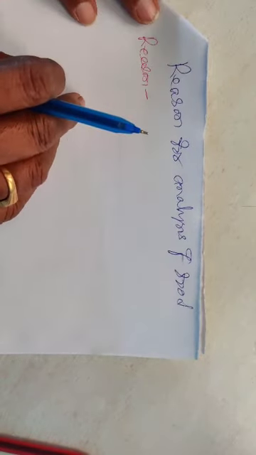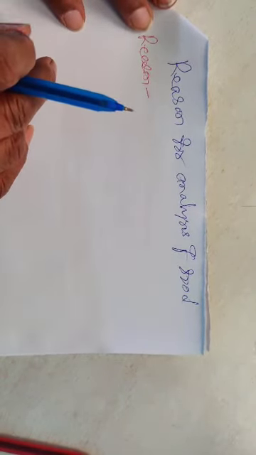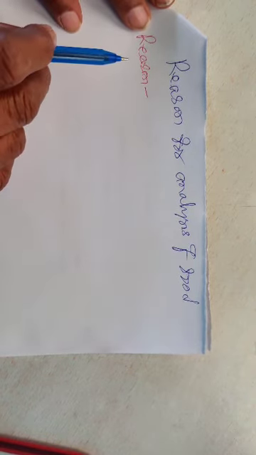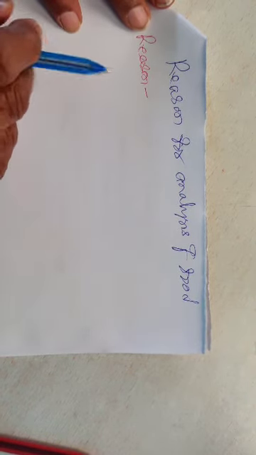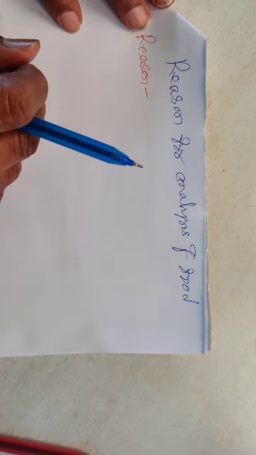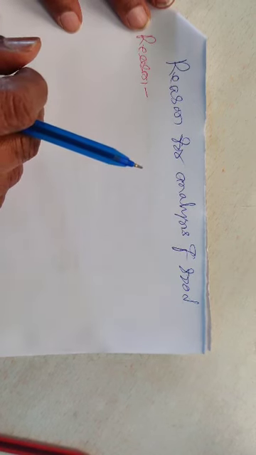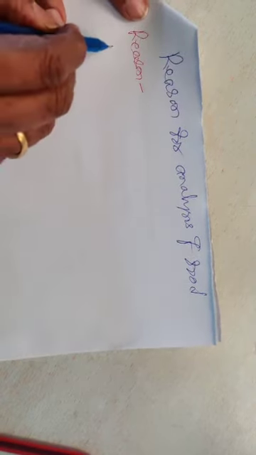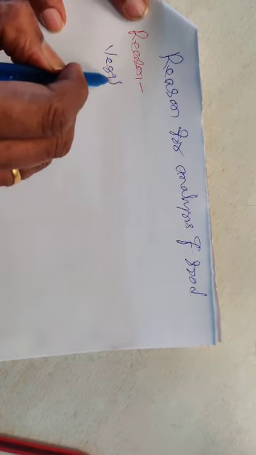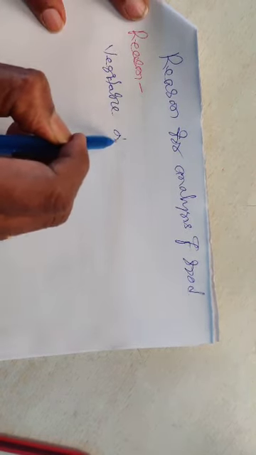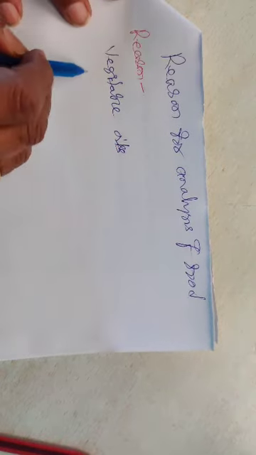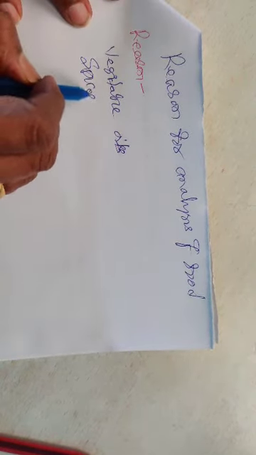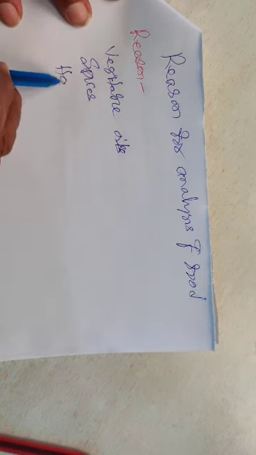Usually the food products contain moisture. Moisture means the water content present in various food materials. Now we should analyze the water content in the following food materials, for example in vegetable oils, in spices, and in honey.